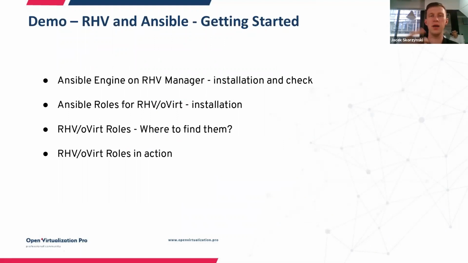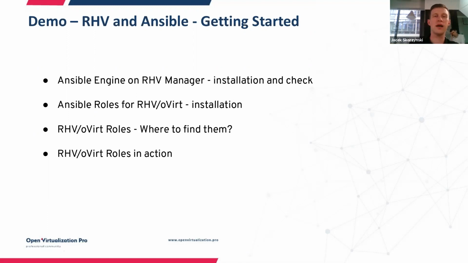For the demo today, we will go back a little to the previous webinar. I will show you the prerequisites you need to make sure you've got on your Ansible host. For today's demonstration, we will use the Red Hat Virtualization Manager machine as the Ansible host, so a pretty standard one.